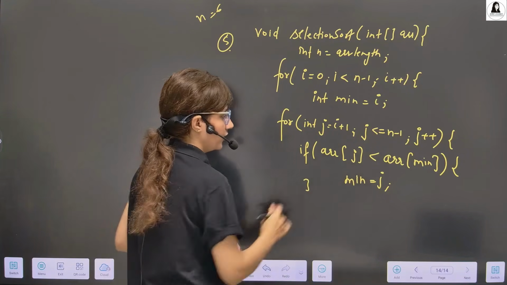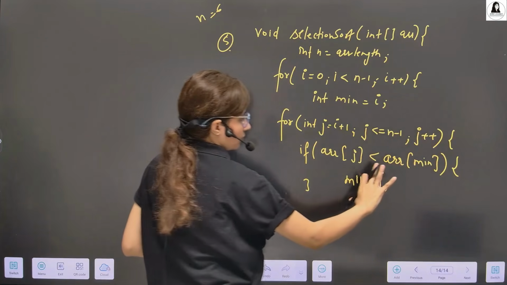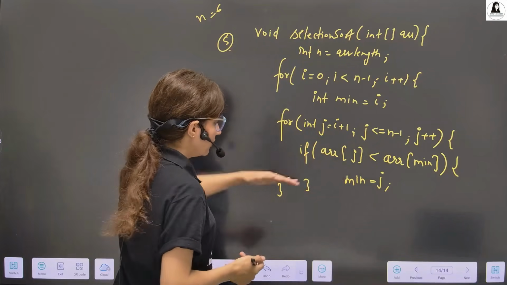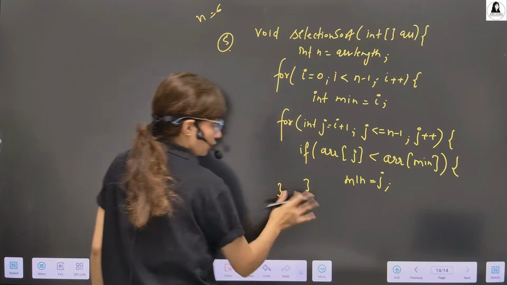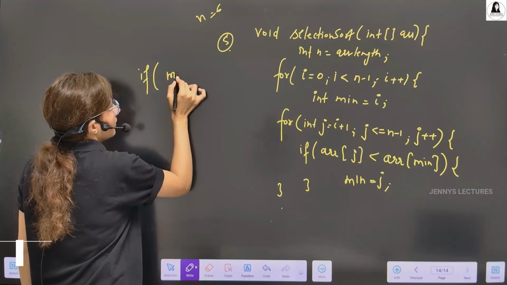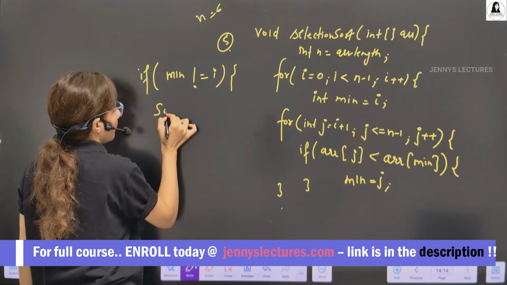We keep doing this thing within this for loop. After this for loop, we swap, but we do not directly swap. After this, we write: if my min is not equal to i, then only we swap.